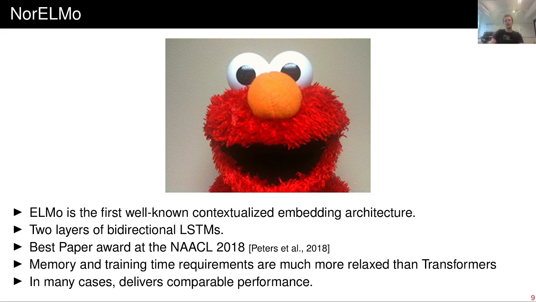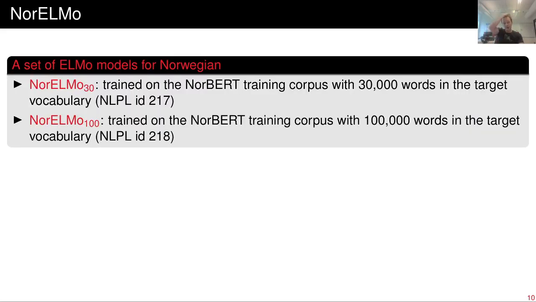It's important that the memory and the training time requirements of ElMo are much more relaxed than transformers, but at the same time, in many cases, it can deliver almost comparable performance, as I will show in a few minutes.